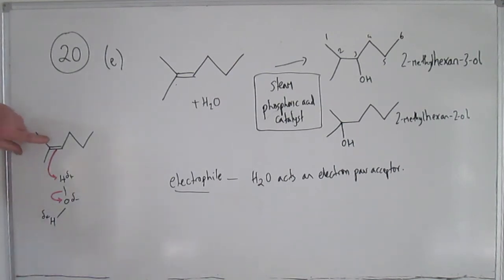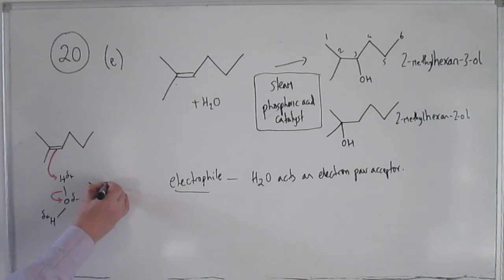Okay, so the electron pair from the pi bond is used to form a bond to the hydrogen, and this bond breaks, forming a lone pair on the oxygen. So that gives you an intermediate, which is going to look like this.